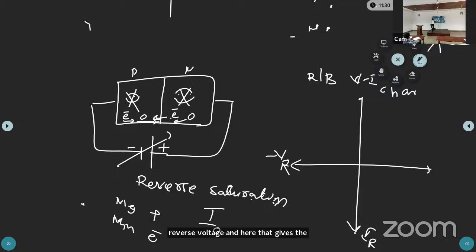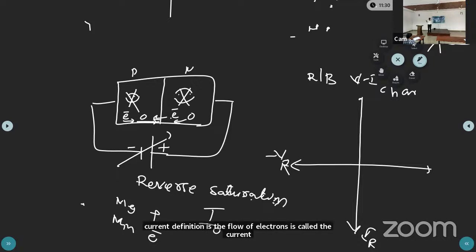Okay, now what is the current direction in this? What is the current direction? The current definition is the flow of electrons. Now what is the current direction?